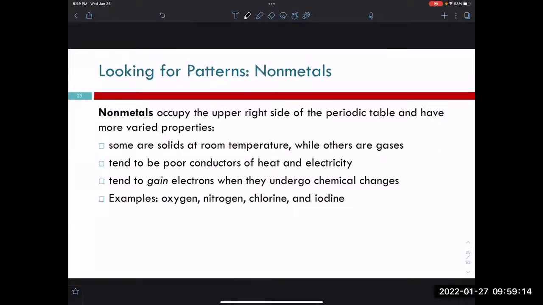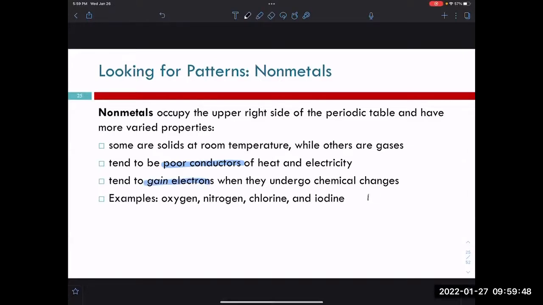So the nonmetals, at the top right side of the periodic table, have pretty much the opposite properties. We have some that are solids at room temperature. Pretty much all the metals are solids, mercury being the one liquid. A bunch of the nonmetals are gases, but they tend to be, in general, poor conductors of heat and electricity. And they also tend to gain electrons when they undergo chemical changes.